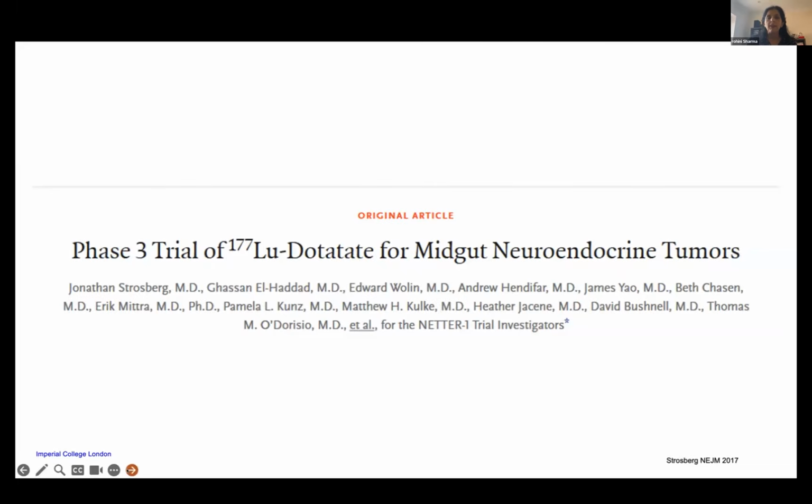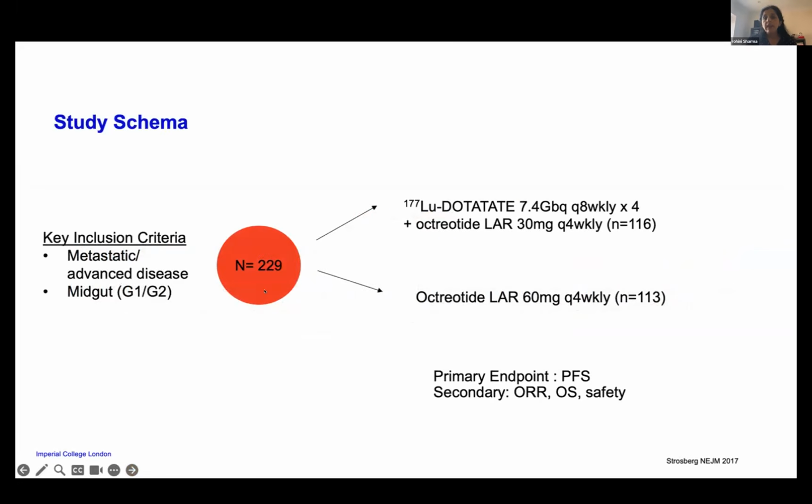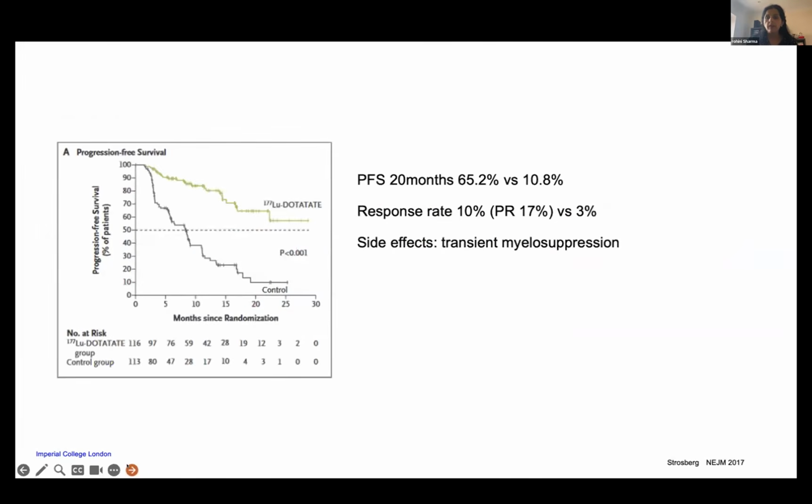It was tested in mid-gut tumors, in patients who had metastatic advanced disease. The trial only enrolled patients with mid-gut grade 1 and grade 2 tumors. They were randomized to receive lutetium dotatate every 2 months for 4 treatments, plus octreotide every month, or octreotide by itself. The primary endpoint was progression-free survival.